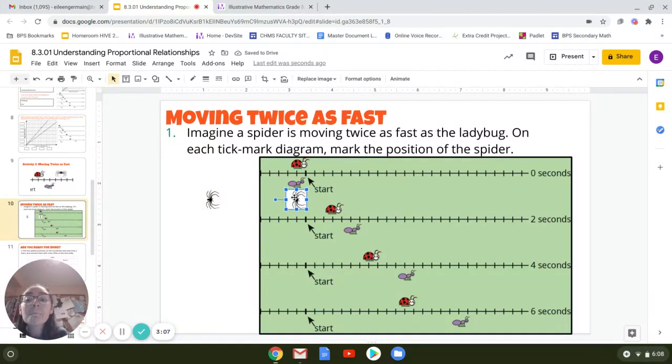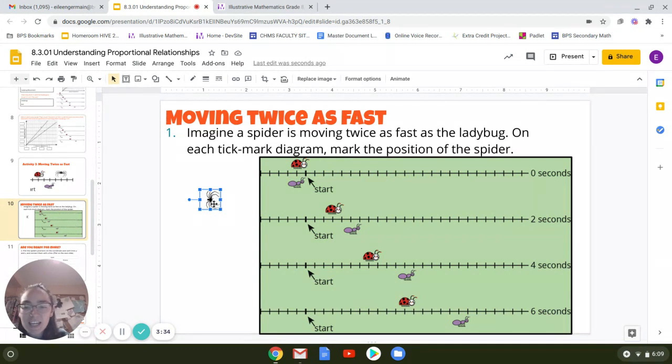So if we remember, the thing about these tick mark diagrams is a little bit tricky, is that when you're putting the ladybug, the insect, the ant, or the spider on this tick mark diagram, we're always going to count from the head of the insect or animal, right? So we're going to count at the head or the front of that animal.